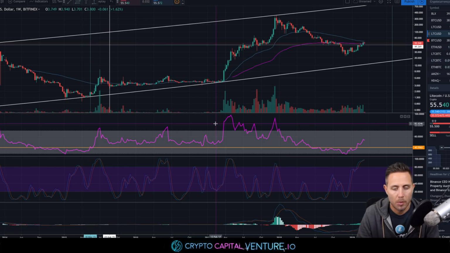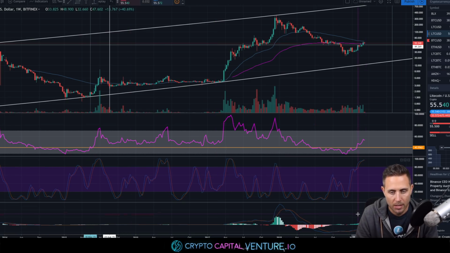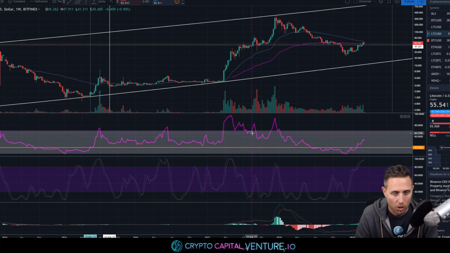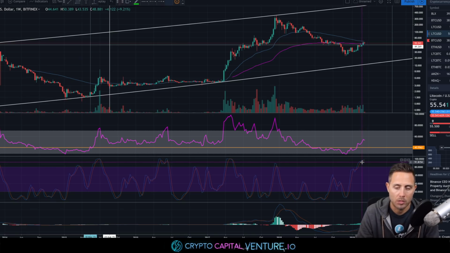But speaking to the momentum of Litecoin right now, besides just that RSI, you have the weekly MACD cross back in December with really strong upward momentum, continuing on the weekly chart. One thing to take note of is how overbought we are on the stock RSI, this quicker moving momentum, but that can be misleading.